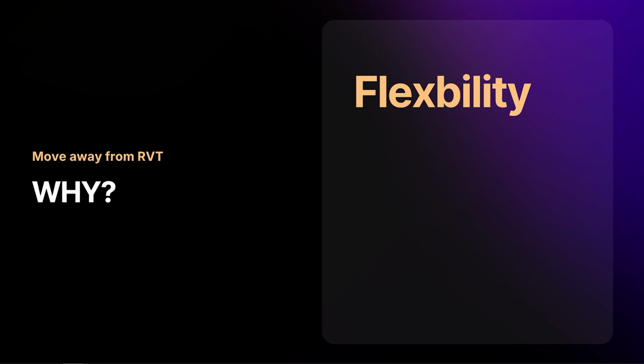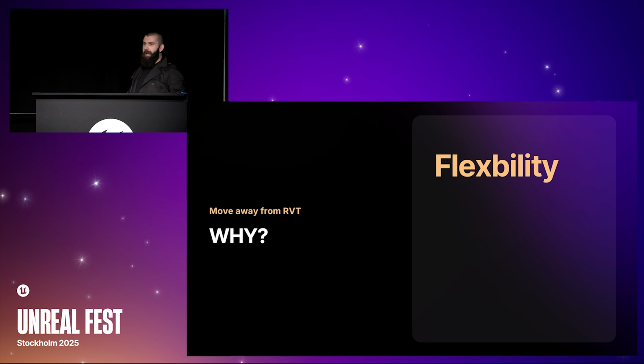The first one is flexibility. There are numerous cases where we wanted a more intricate landscape, and we would always run into a problem: if you want an overhang of the landscape, or even just a slightly more vertical landscape, you couldn't necessarily do it, because the RVT is projected from top down, and whatever material is on the overhang will also be below that overhang.